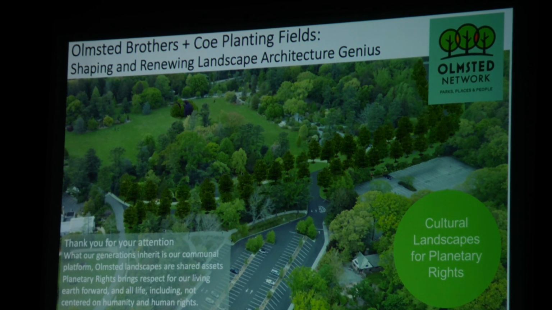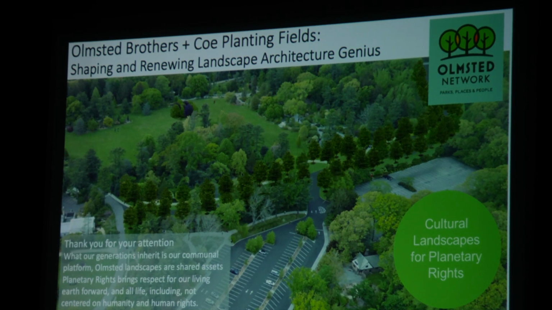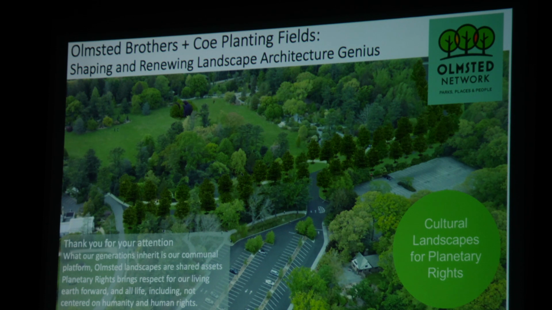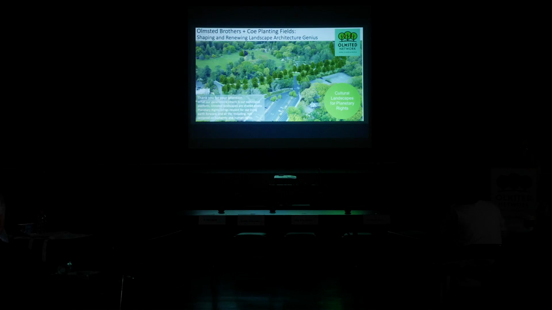We need to look at all the benefits of landscapes, not only those that accrue to humanity. Our parks are irreplaceable assets, and we can use them to uplift the planet and people. Thank you for your attention.